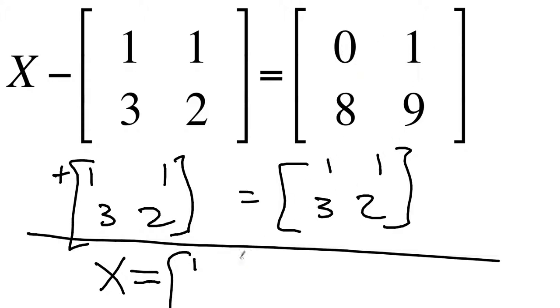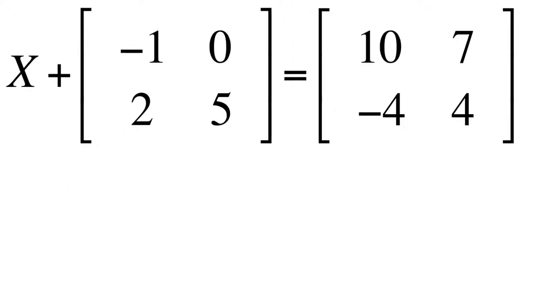If I add 1 and 1, I get 2. 8 and 3 gives me 11. 9 and 2 gives me 11. So this unknown matrix X is the matrix 1, 2, 11, 11.